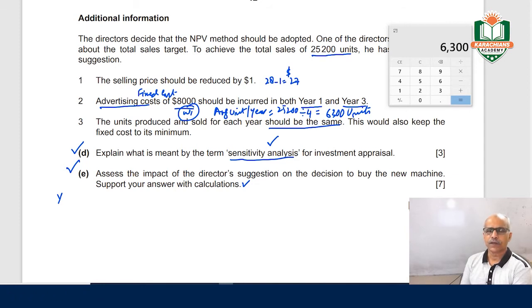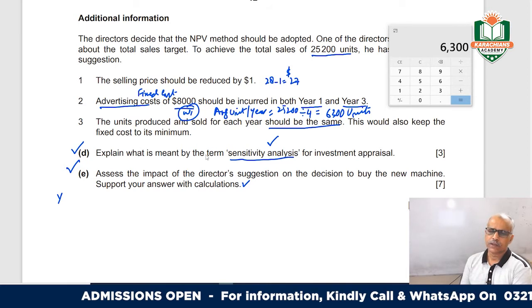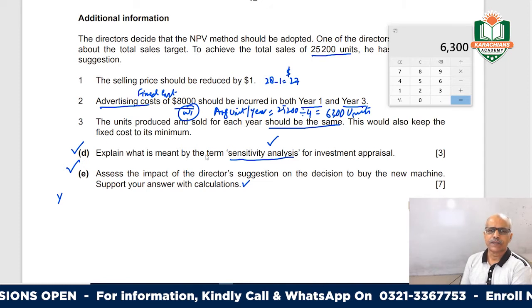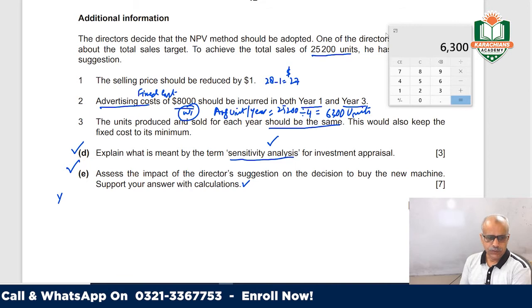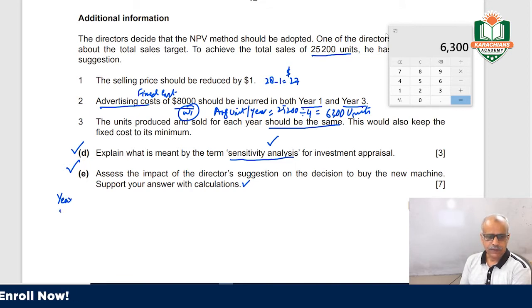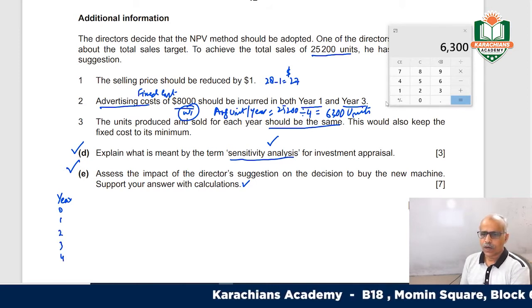So we have to calculate the NPV, and if the NPV is positive under this scenario planning, under this what if situation analysis, then we will go with this. Otherwise we will say we cannot go with the NPV. So these are your years 0, 1, 2, 3 and 4.